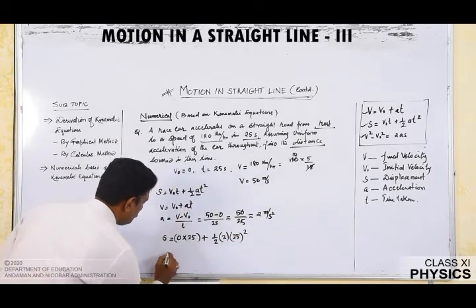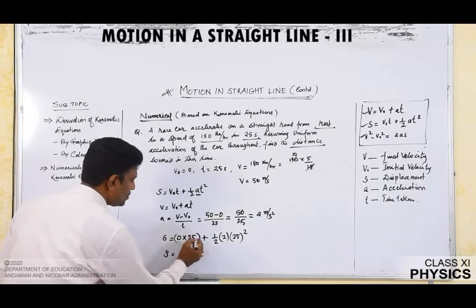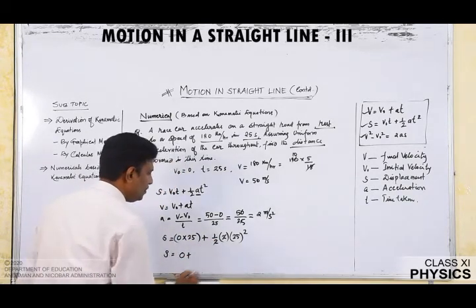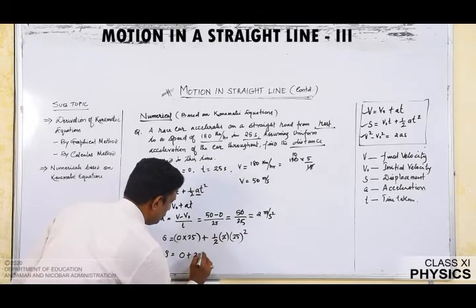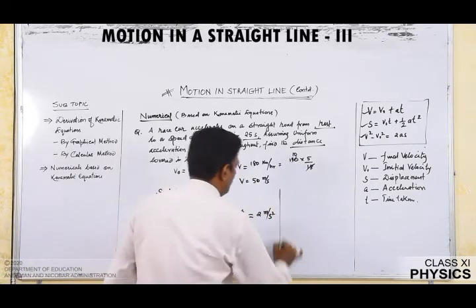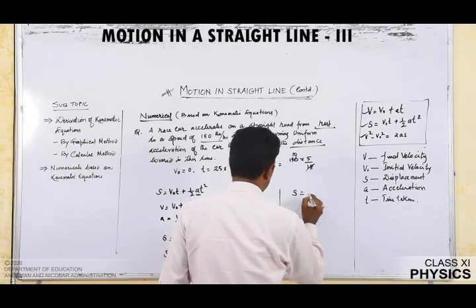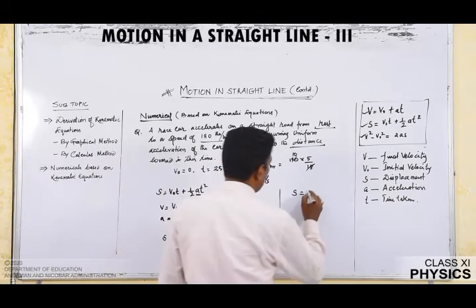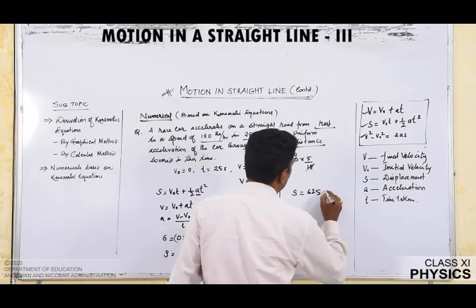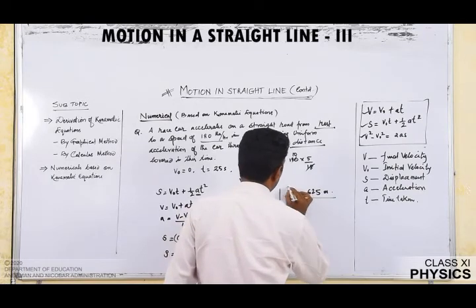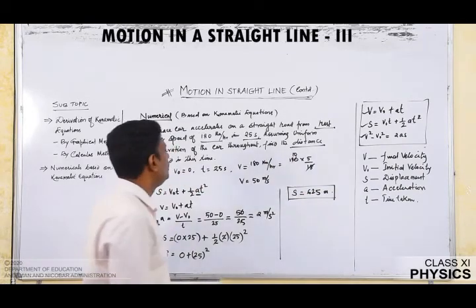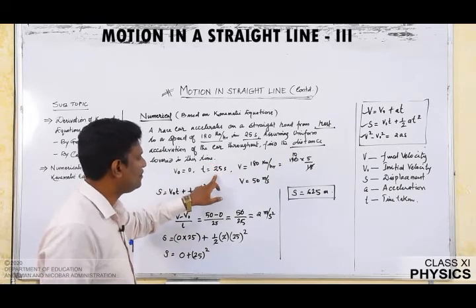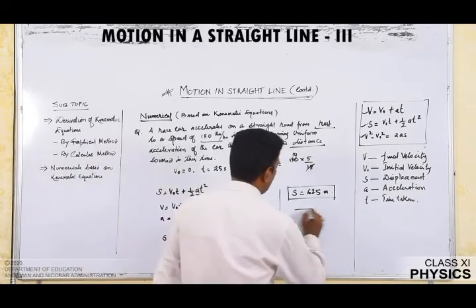So, we have s is equal to 0 plus, this 2 will get cancelled, we will have 25 square. So, finally, s is just the square of 25, that is 625 meter. So, the distance covered in 25 seconds is 625 meter, that is the answer.